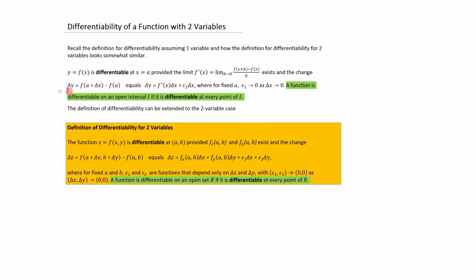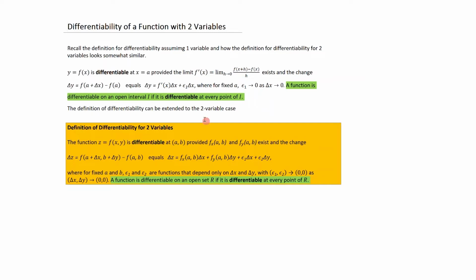And we also said delta y had this form and equals also an alternate form. But we basically said epsilon 1 would be some function of delta x. And then in the limit, as delta x goes to 0, epsilon goes to 0 as well. All right, if these conditions are all satisfied, then the function is differentiable on open interval I and at every point in I.